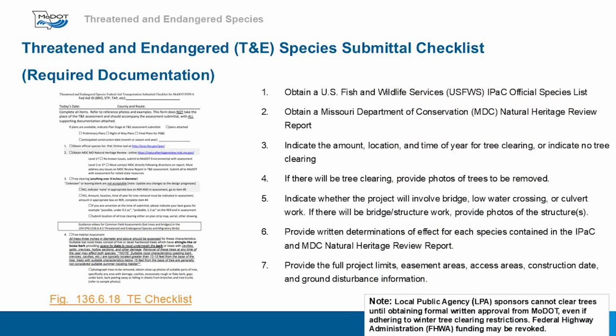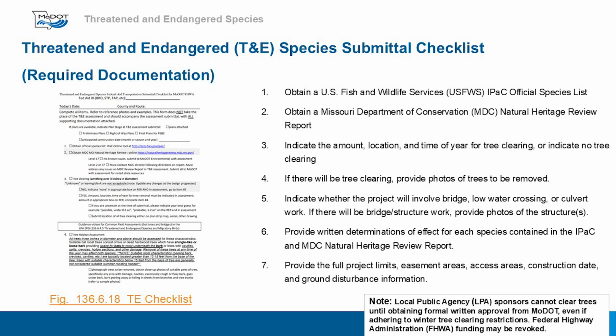Before MoDOT can complete a threatened and endangered species review, local public agency sponsors or their consultants must provide the 7 pieces of required documentation listed here. Required documentation includes official species list, tree clearing information, tree and structure photos, written determinations of effect, and project-specific information on construction timing and ground disturbance.